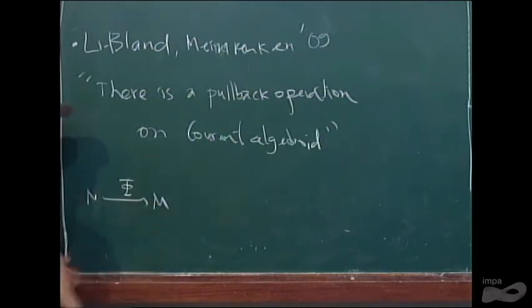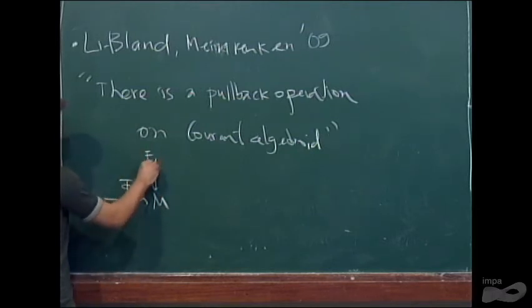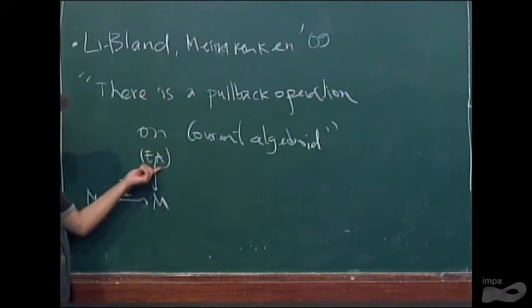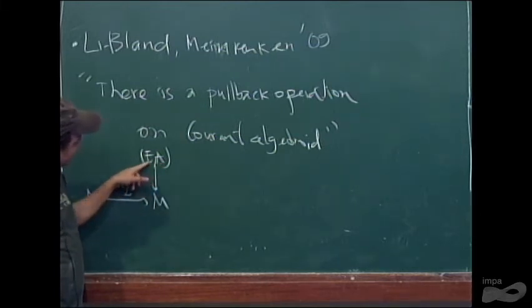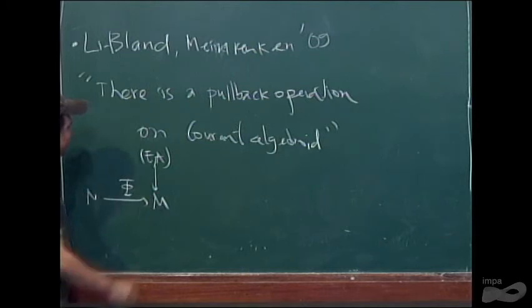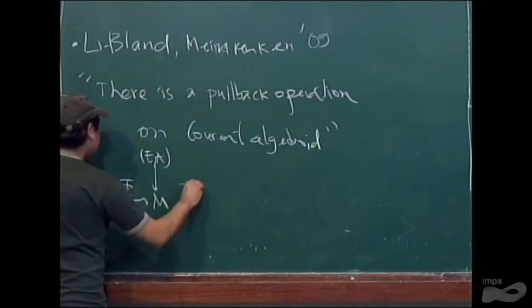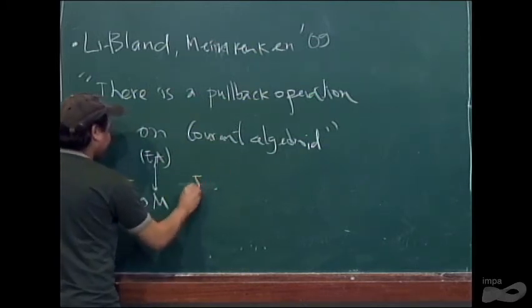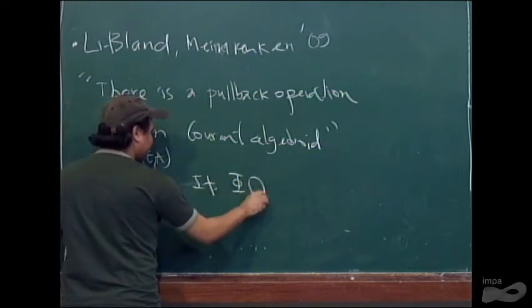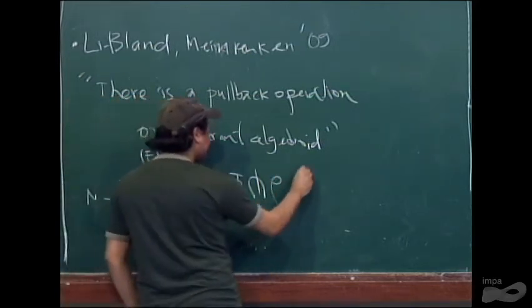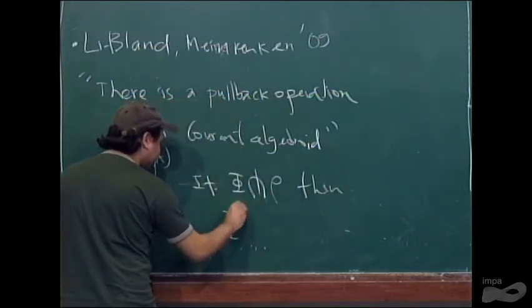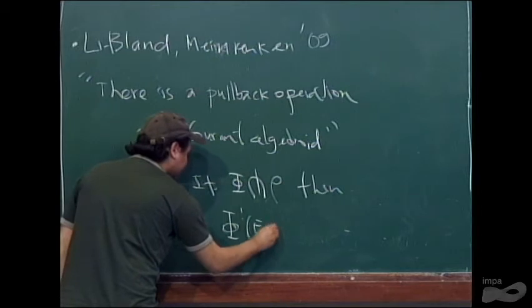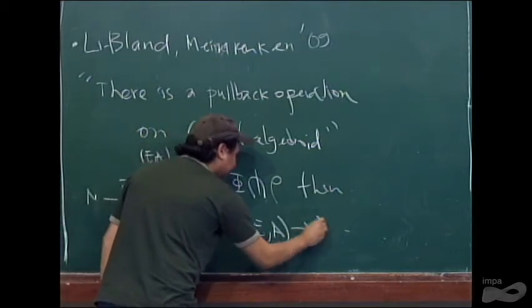So if you have a map phi on a Courant algebroid, now we represent the algebroid as a pair, the vector bundle and the pairing, A, and if phi is transverse to the anchor, then we have a well-defined Courant algebroid over N.